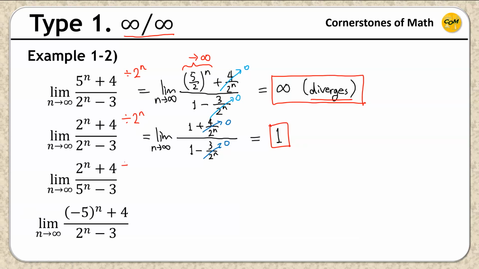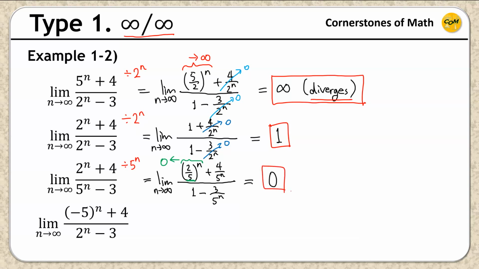As for the third one, we divide by 5 to the power of n to obtain 2 over 5 to the power of n plus 4 over 5 to the power of n divided by 1 minus 3 over 5 to the power of n. Here, since 2 over 5 has an absolute value less than 1, this part converges to 0, hence the limit is 0.